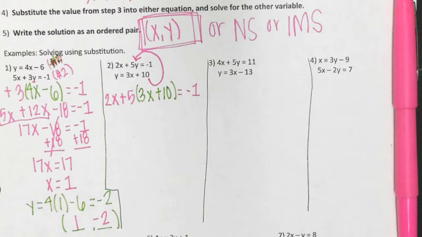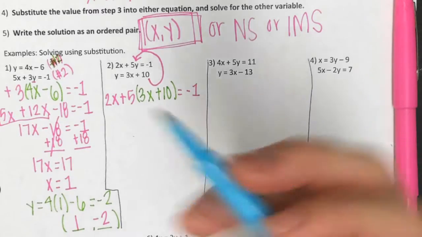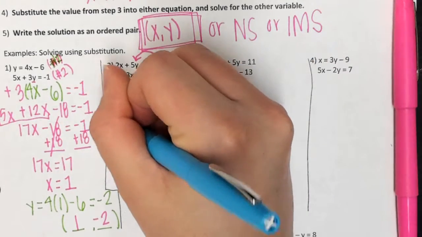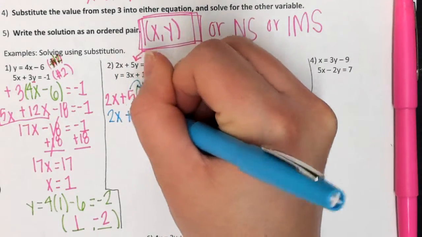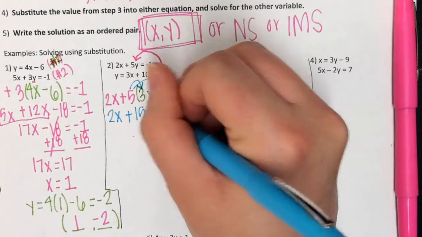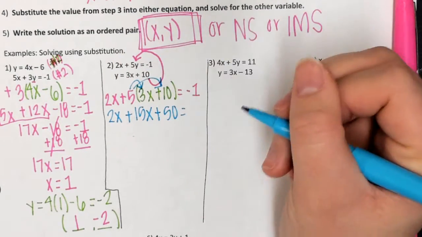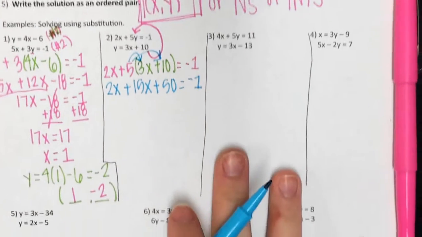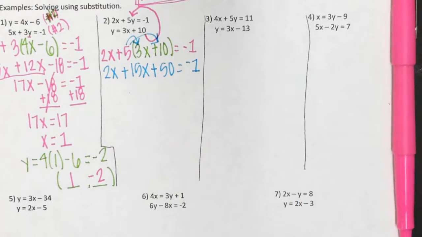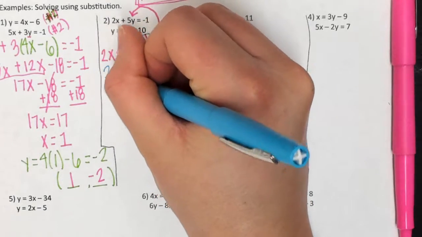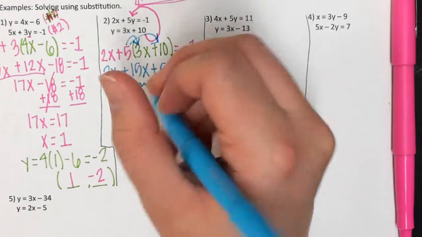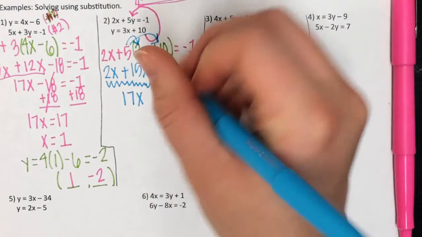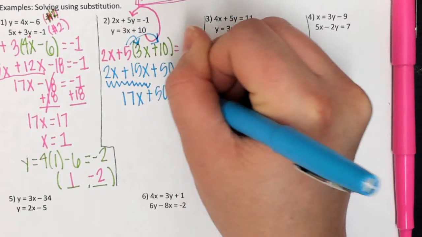Now we just need to solve for x. 2x plus 5 times 3 is 15x. 5 times 10, 50, equals -1. Combine like terms. Right here, these are the same terms. So 2x plus 15x is 17x plus 50 equals -1.